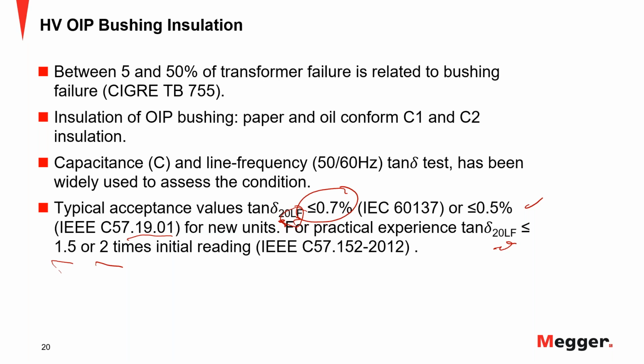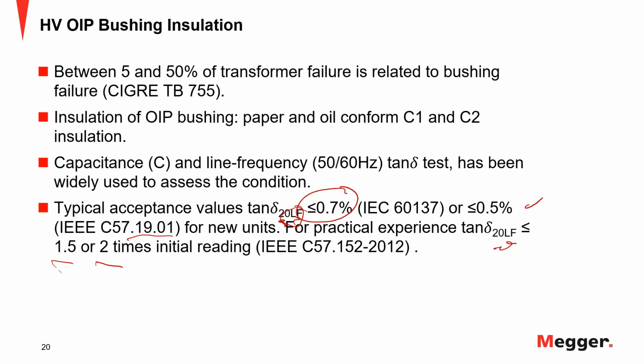And this is one more thing to take into account, the initial reading. Sometimes the power factor value that you measure of just the bushing, because you can put your bushing on a tripod and do just a bushing test and do your power factor test of C1 and C2, it may change slightly.